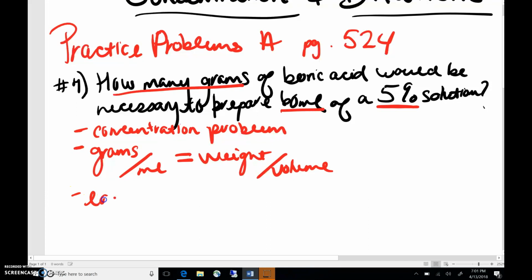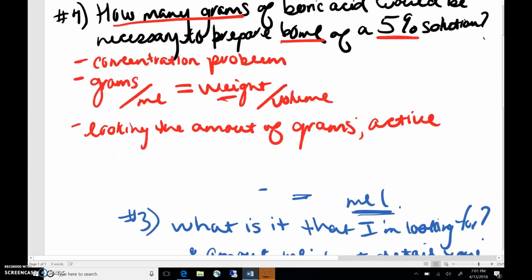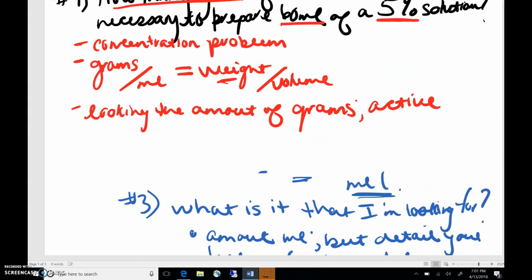Well, you're looking for the amount of grams. If you're looking for the amount of grams and the grams is the weight, then that means you're looking for your active. So the formula that you will use for that, if you're looking for your active, is X over your total, which equals your percent.